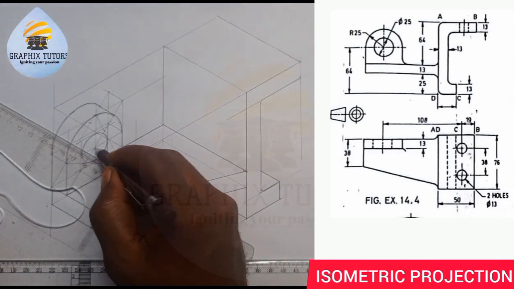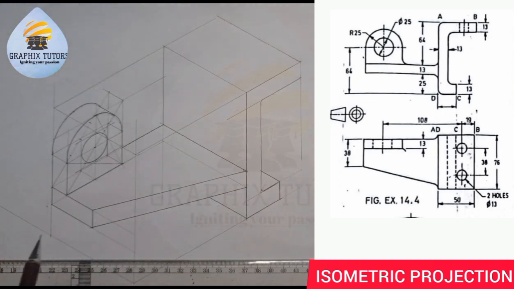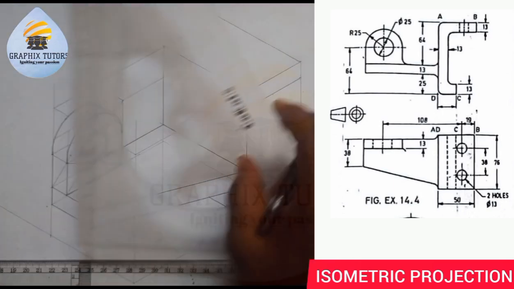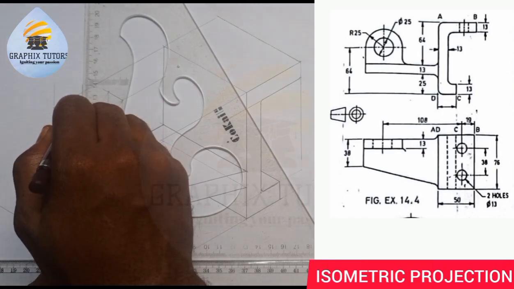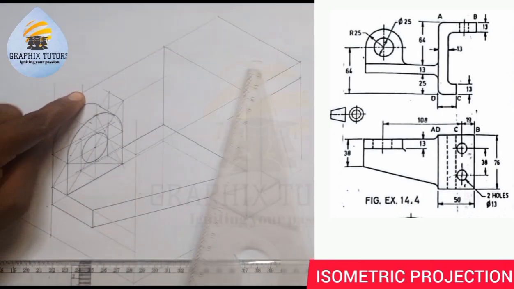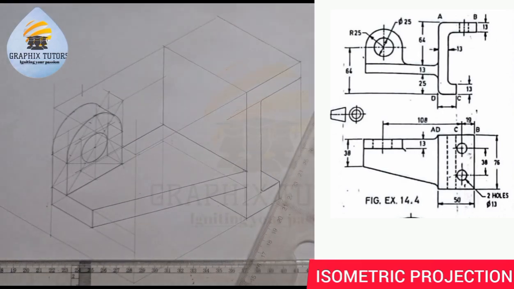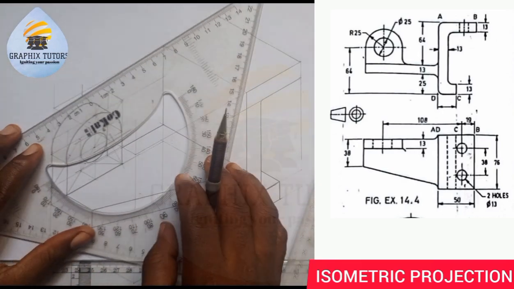Right? I'll transfer it to this point. So from that point, this is also the center here. I'll just take it up. From that point here, I'll measure 108. So I'll come here and measure 108.